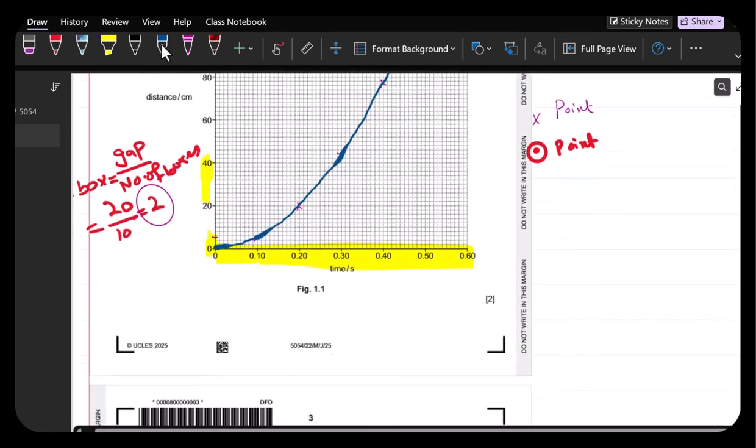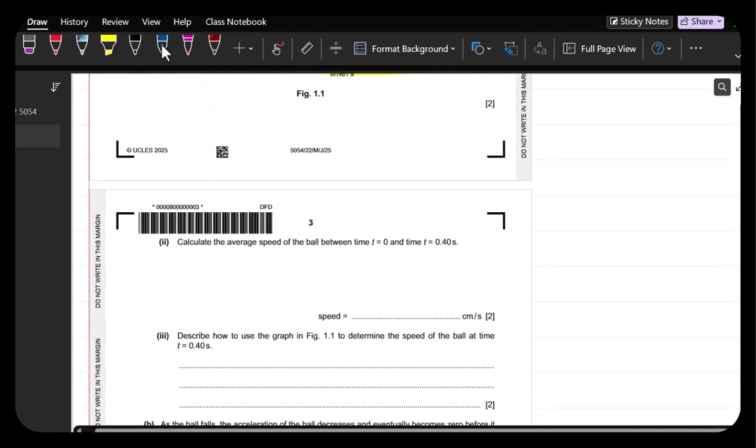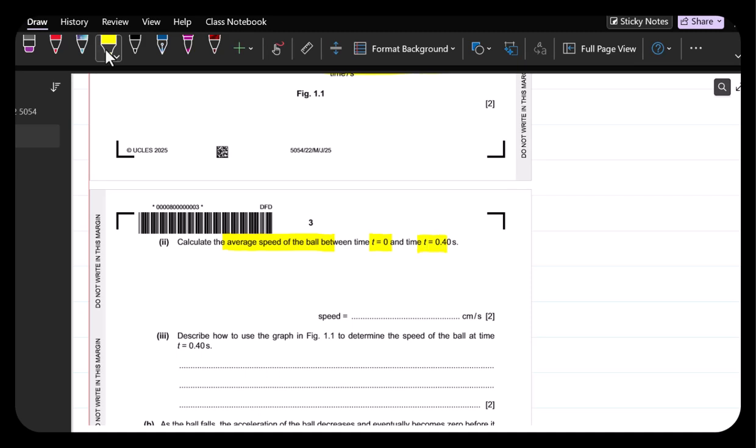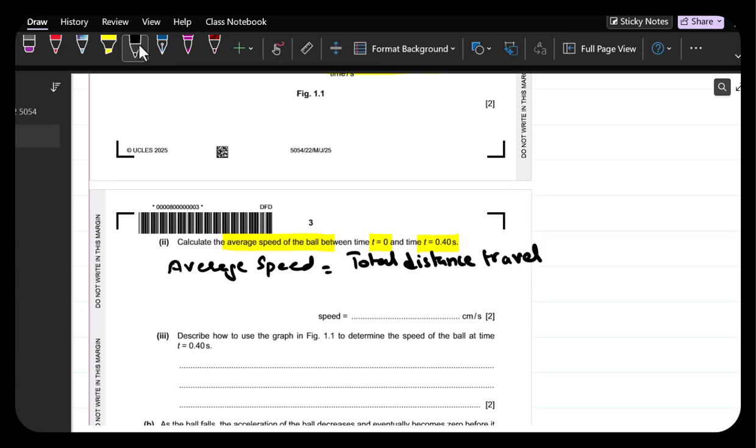Moving to the next part, part number 2. Calculate the average speed of the ball between time 0 and time 0.4 seconds. So average speed is what? Average speed is total distance traveled divided by total time taken.